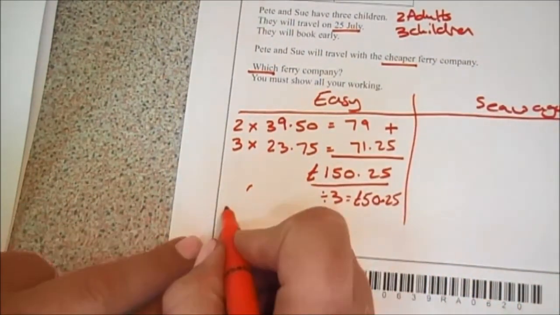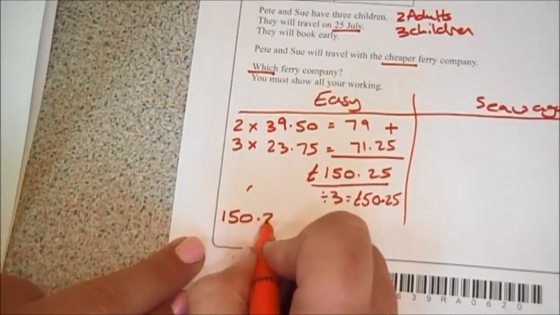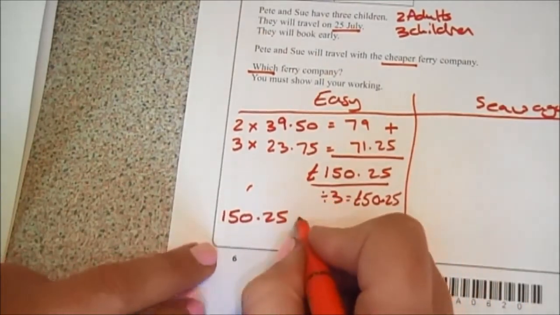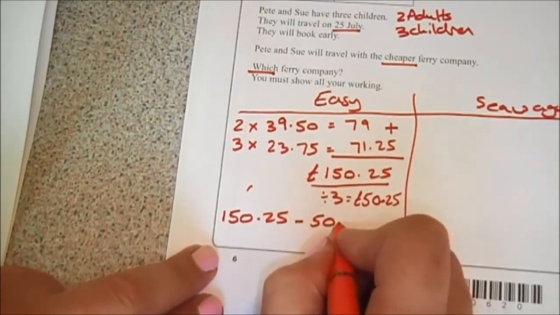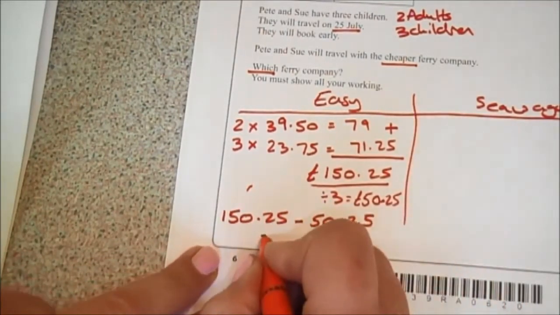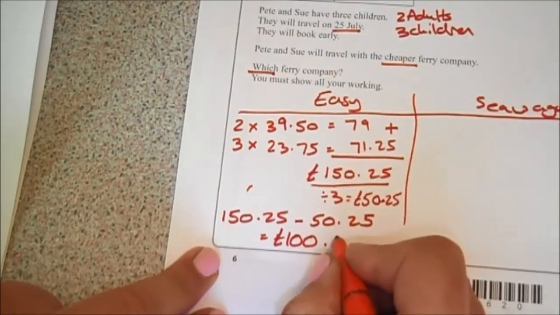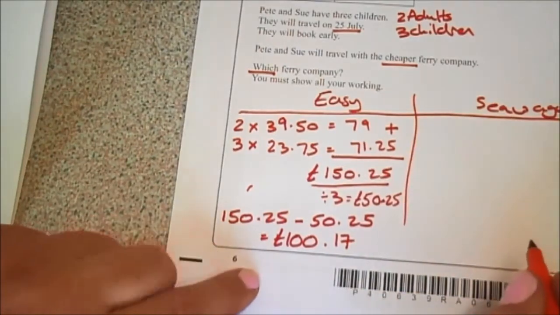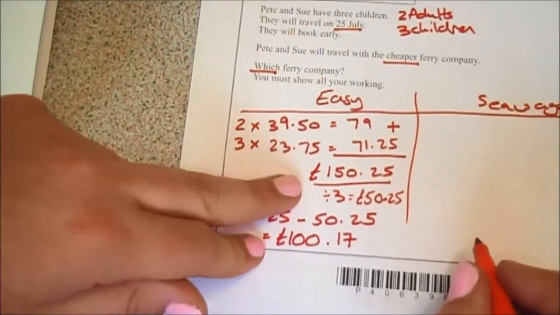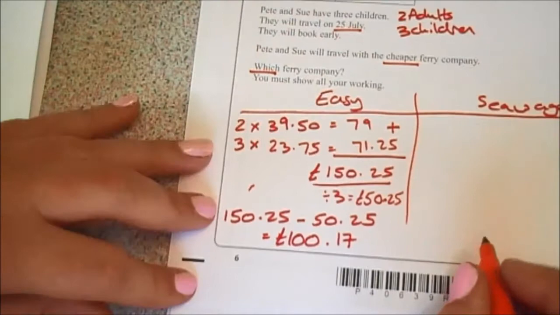So what I need to do then is take my £150.25 and I need to take away the £50.25 discount, and that's going to leave me with £100.17. So that's the total cost after discount of going on Easy Ferries.